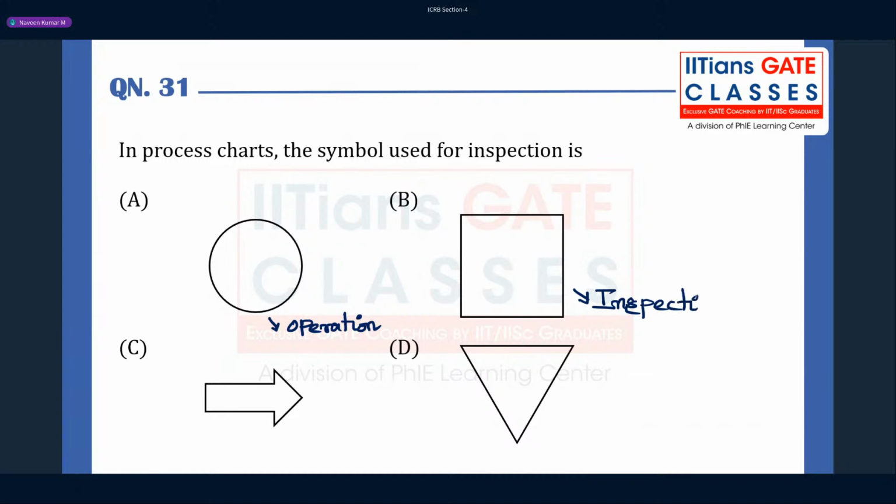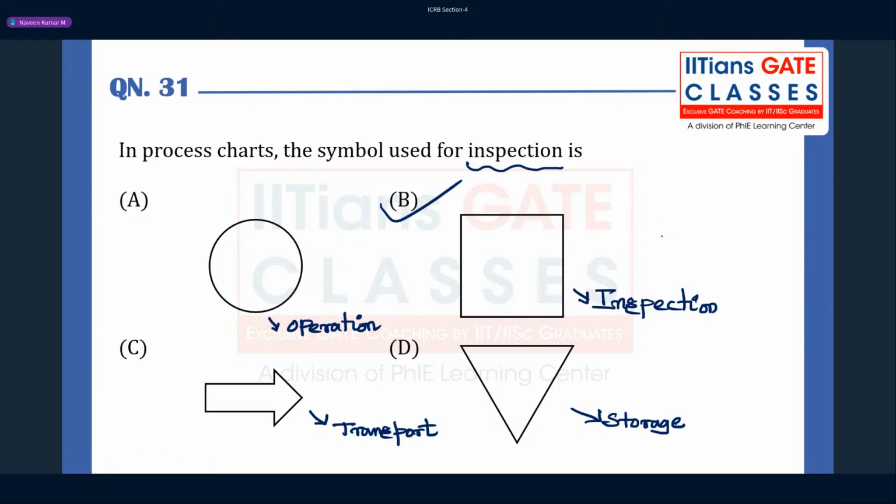This represents transport, dispatch; it's in transit, the items that you have manufactured. And this represents storage or inventory. So in the process chart, the symbol used for inspection, so answer is B.